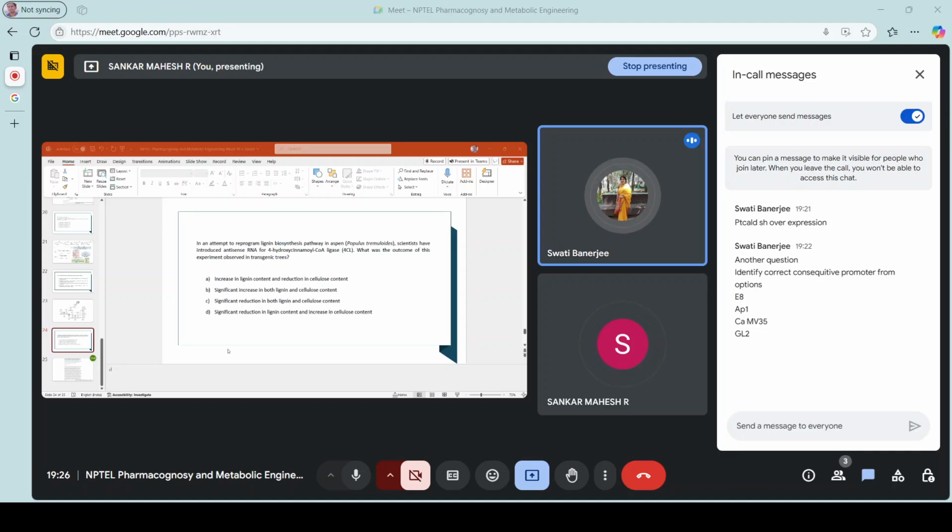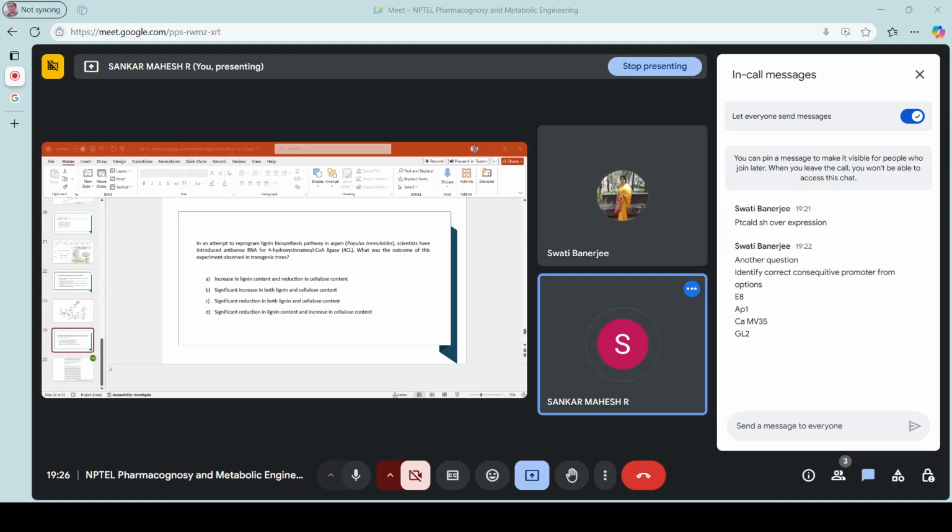And another one said the correct source of H-lignin, is it angiosperms? Have you submitted the answers to this assignment? Submitted, but no, not like that. I'm just asking because it was not mentioned that the correct source of H lignin is angiosperm.